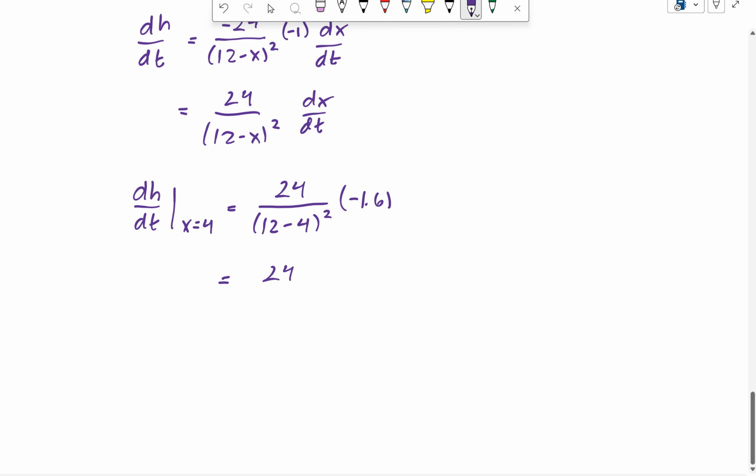So this gives me 24 over 8 squared times negative 1.6, and this is in meters per second. That's the rate that it's changing at. You can write this as negative 24 times 1.6 over 8 squared, and you can simplify this some if you like, but it's fine to leave it like that.